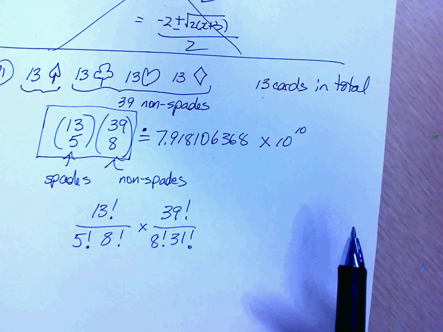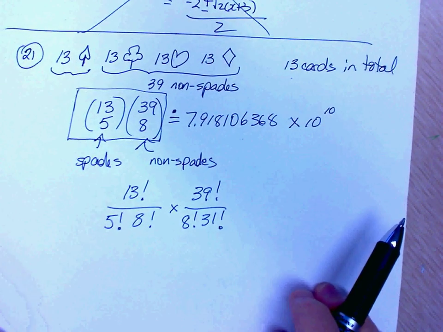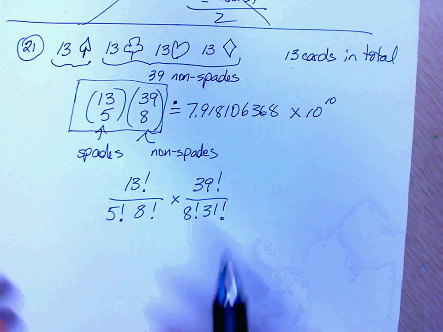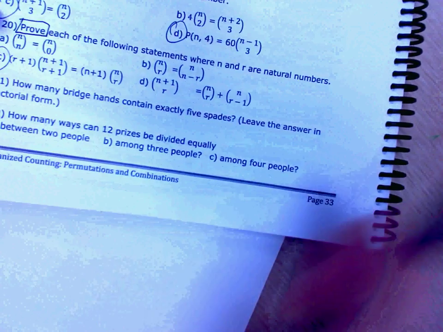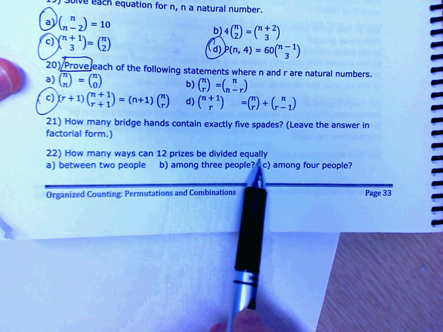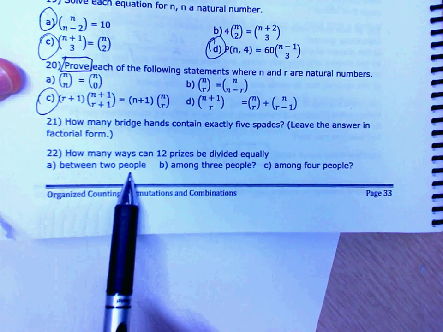Then 22. How many ways can 12 prizes be divided equally between 2 people, 3 people, and 4 people?